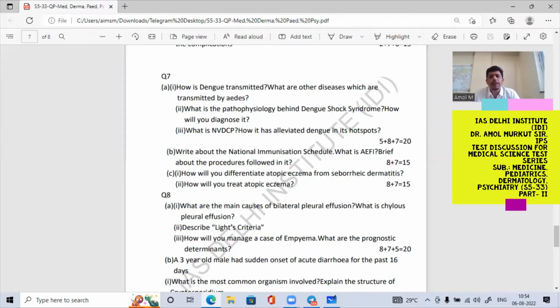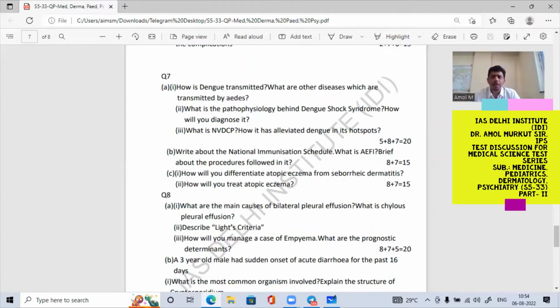What is AEFI? Adverse event following immunization. So what are the adverse events following immunization? From acute type 1 hypersensitivity reaction, anaphylaxis, to the delayed reactions such as vaccine-induced disease. Procedures followed in it: for anaphylaxis, clinical treatment in the acute situation, adrenaline, antihistamines, and supportive treatment.